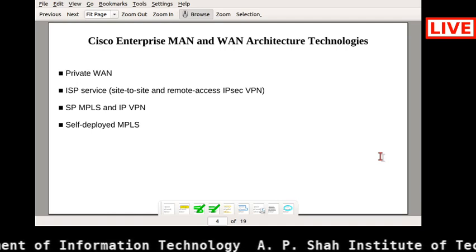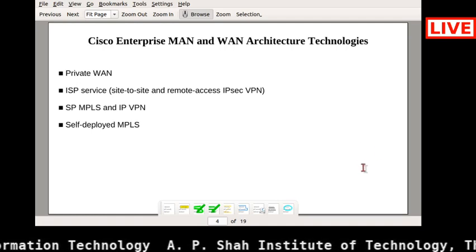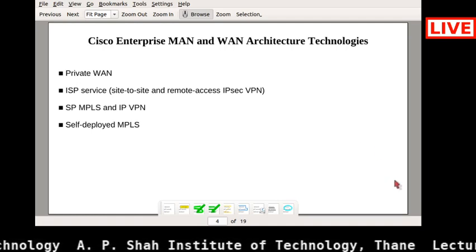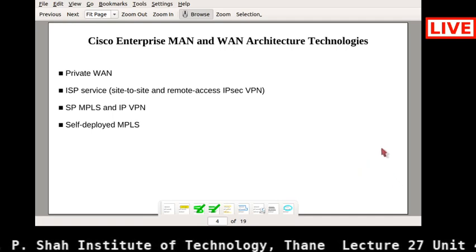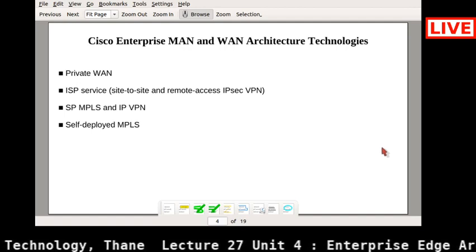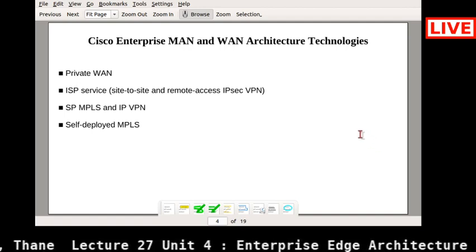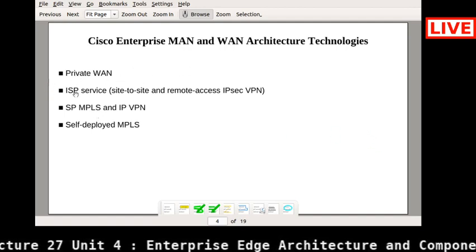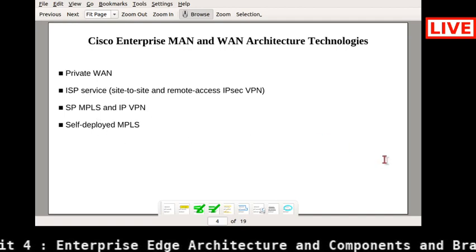Then the service provider MPLS and IP VPN. If you use this network-based IP VPN, it is similar to what we already discussed with the private WAN. With private connectivity, you can add flexibility, scalability, and the QoS parameters.